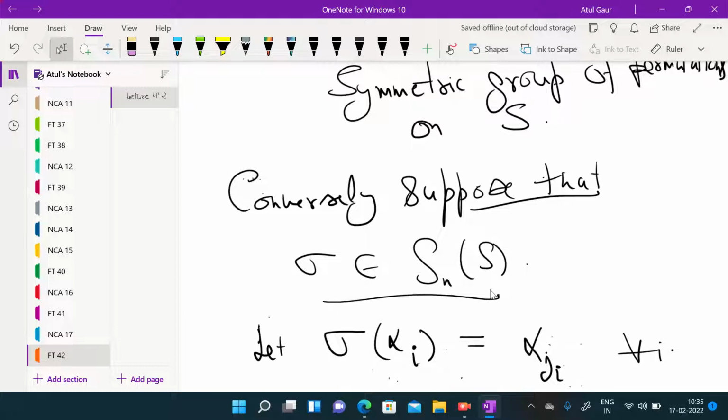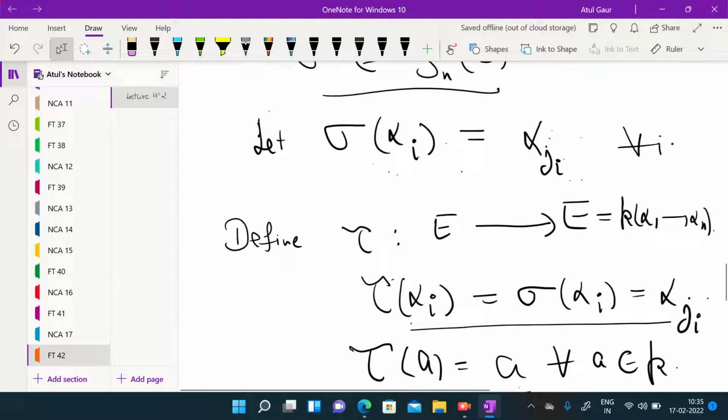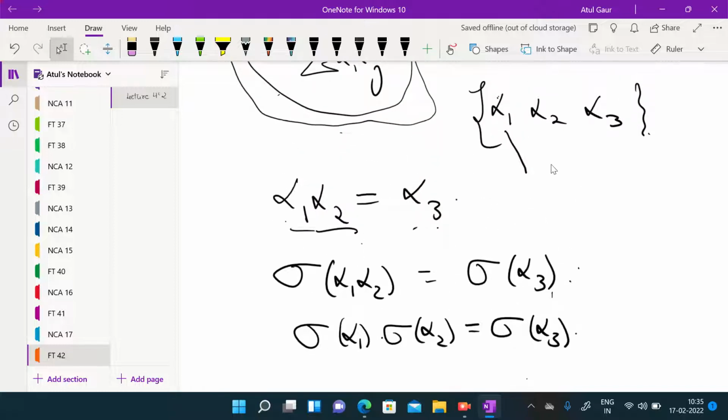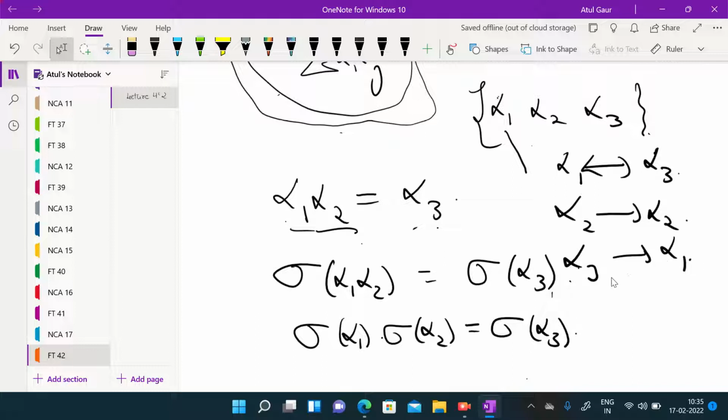Conversely, suppose sigma is a permutation, तो जब आप परम्यूटेशन देखने जा रहे हो सिग्मा अल्फा 1 अल्फा 2 अल्फा n पे, तो वो अल्फा 1 किसी भी एलिमेंट पे जा सकता है, जब आप परम्यूटेशन के लिए देख रहे हो तो आई मीन यू आर नॉट लुकिंग एनी अलजेब्राइक रिलेशन, राइट? परम्यूटेशन पे तो कोई बाउंड ही नहीं है. इज दैट फाइन? तो दैट मीन्स कि लेट्स से कोई परम्यूटेशन है, सपोज अल्फा 1 जाता है अल्फा 3 पे, अल्फा 2 अल्फा 2 पे ही रहता है, तो अल्फा 3 अल्फा 1 पे आएगा, राइट?